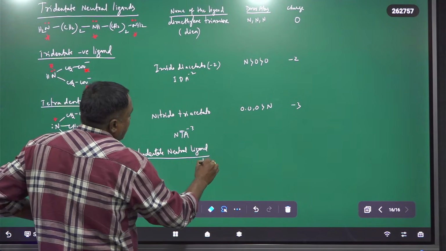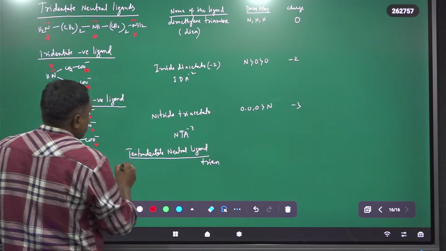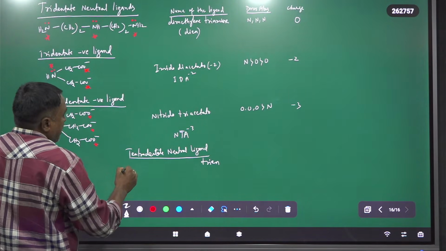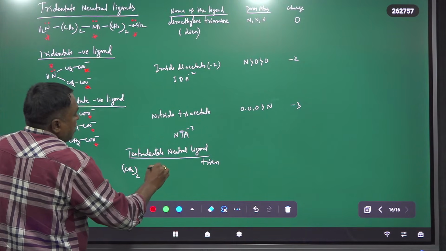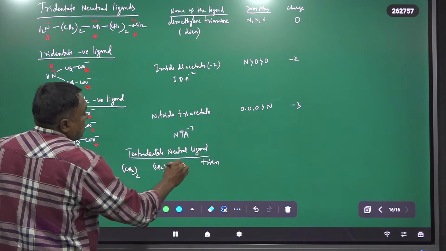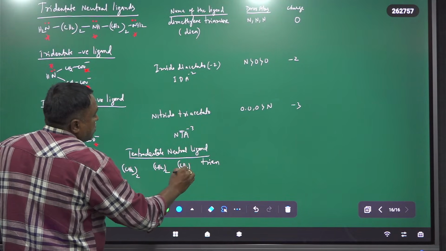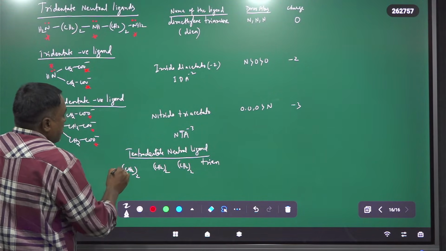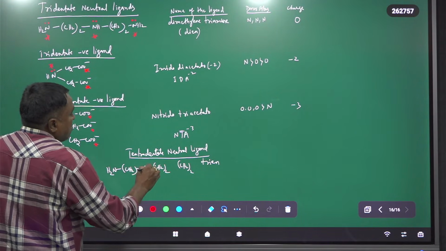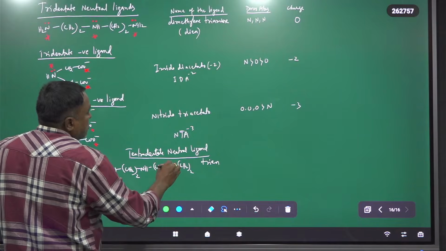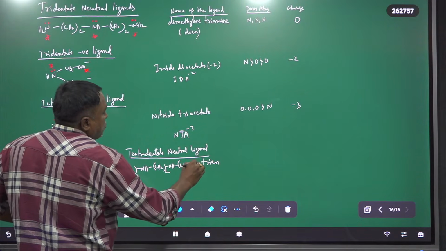The name of this one is trien. Trien means trimethylene tetraamine. Trimethylene means 3 methylene groups. These are the 3 methylene groups. Each one is connecting to what now? NH2. This is NH, and this is also NH, and this is also NH2.